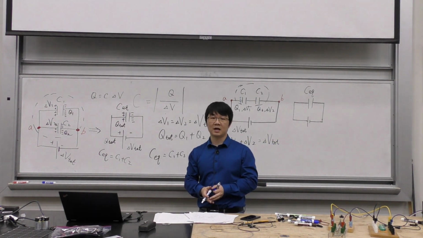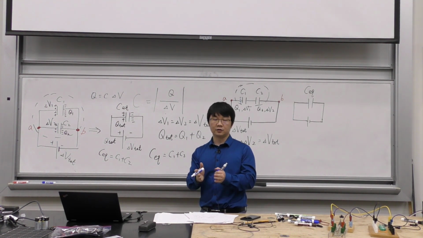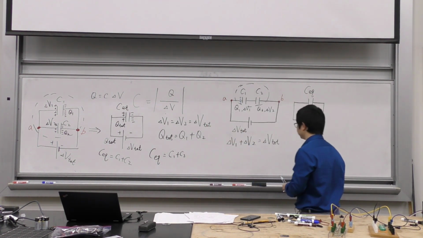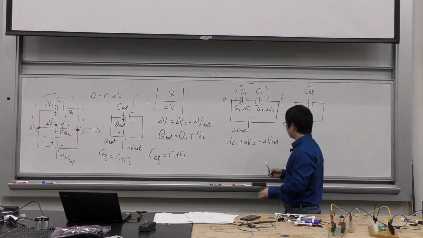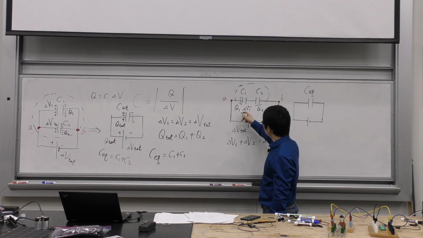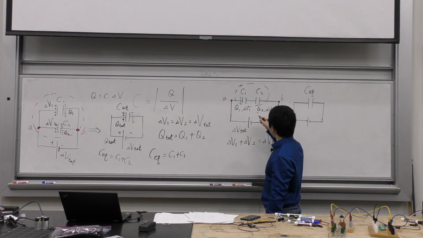That's how you make a capacitor. You don't have them in contact, otherwise they're just going to get discharged. So that's going to be Q1, and the Q1 is totally from the positive terminal, right? And then the negative terminal is connected to this one.